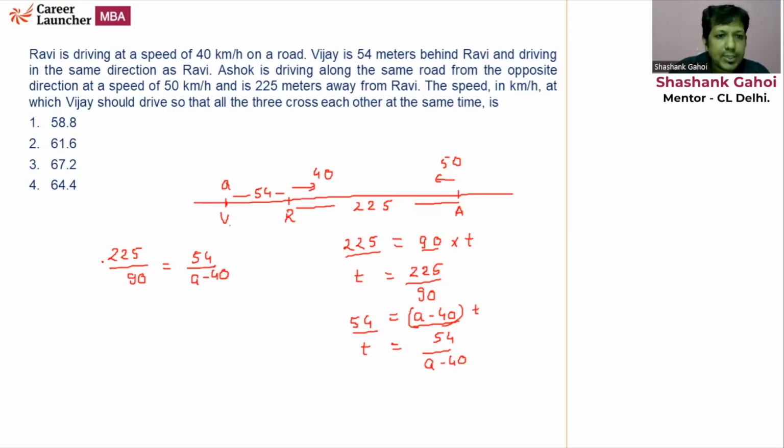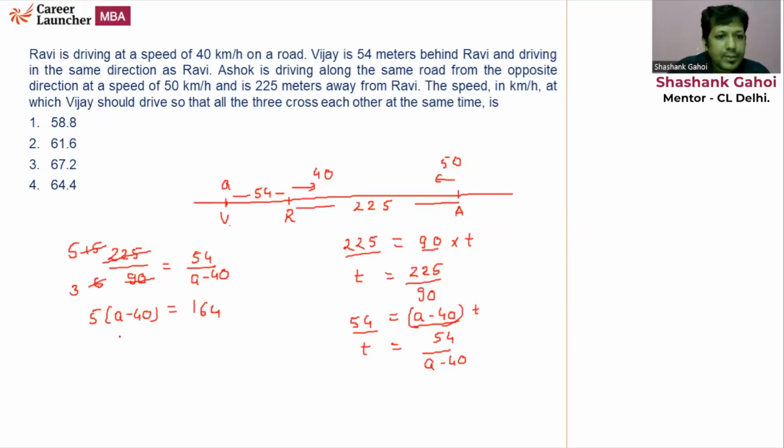So I can cancel this out with 15. So 15 into 15, 15 into 6. I can further cancel out by 3. So 3 5s are and 3 3s are. So 5 times a minus 40 is equal to this, comes out to be 164.